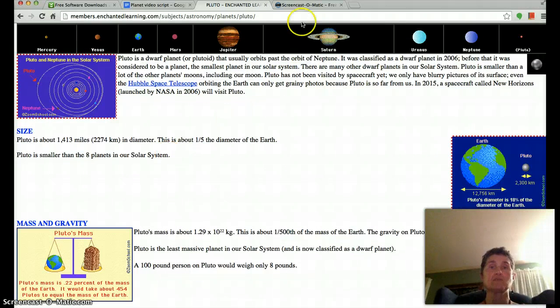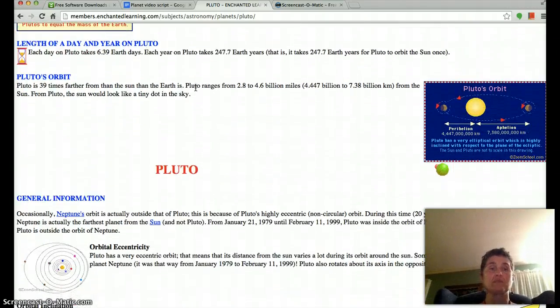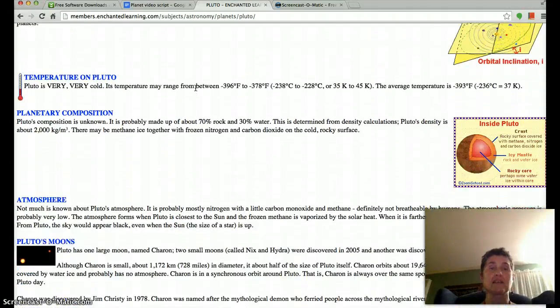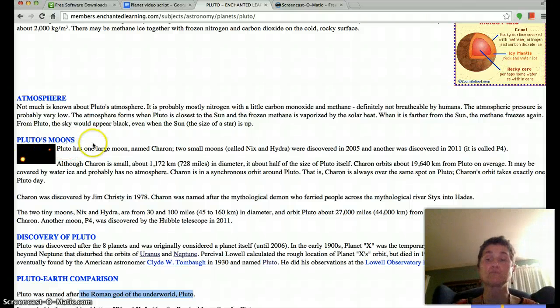Right. Sometimes you will find this information up here, but what I have noticed is that there's actually a special section called Pluto's Moons.